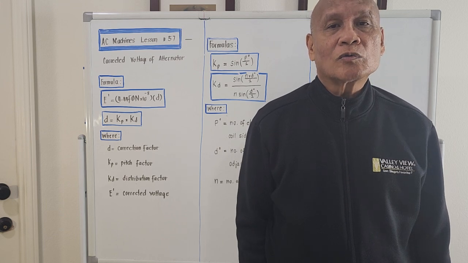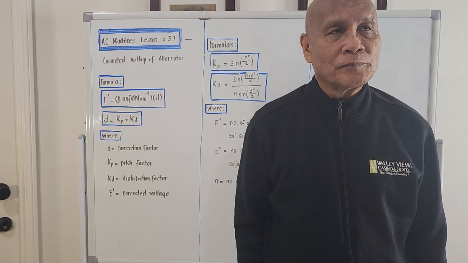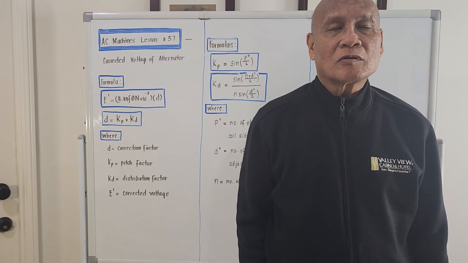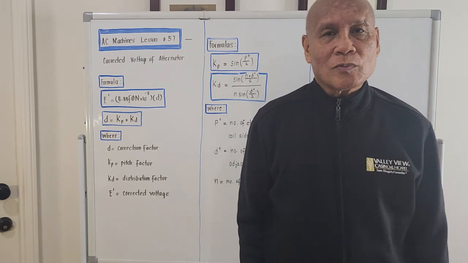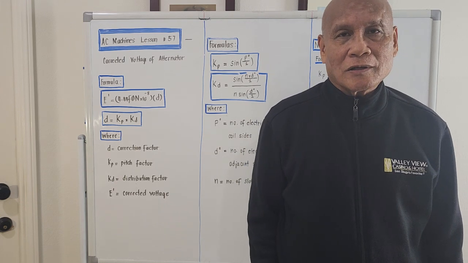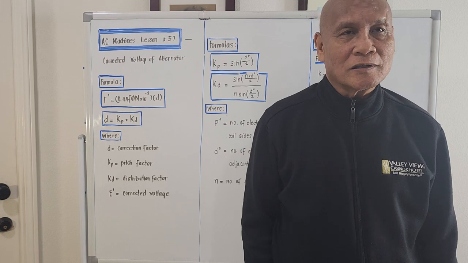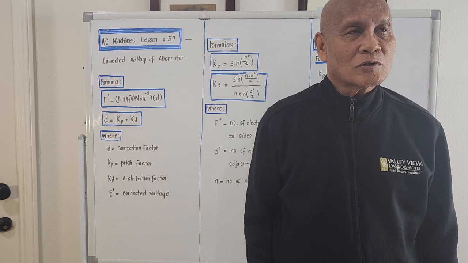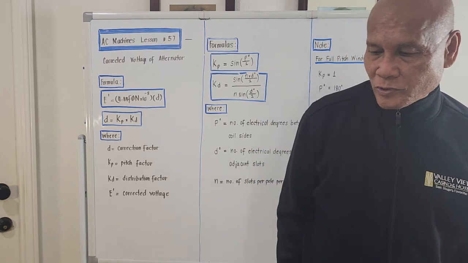For tonight, we will be discussing the corrected voltage of an alternator. There is a correction because there are some factors which must be multiplied to the theoretical generated voltage, because in reality, there are factors which affect the value of the generated voltage. Okay, let's proceed.